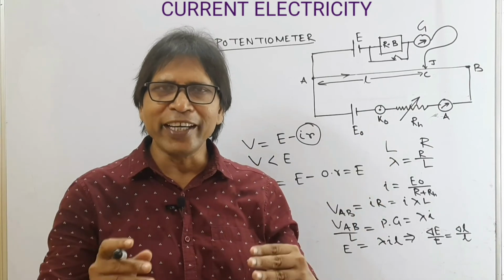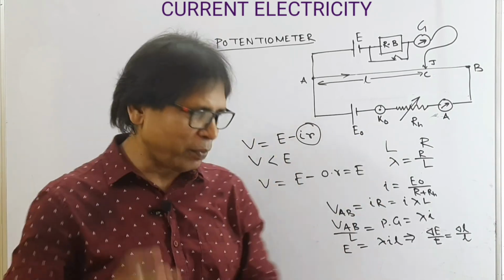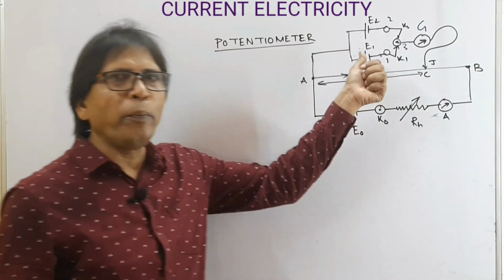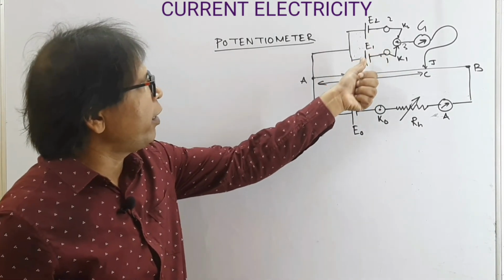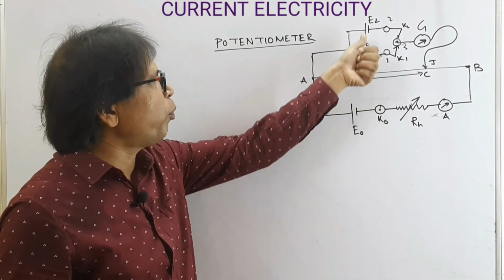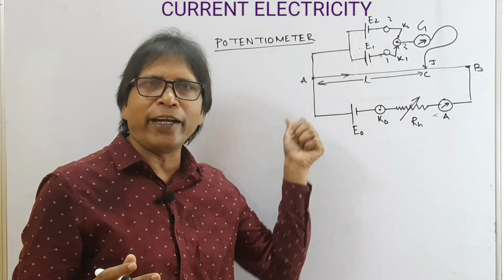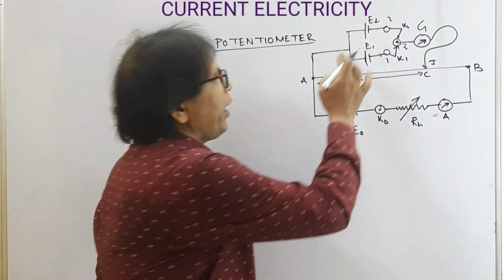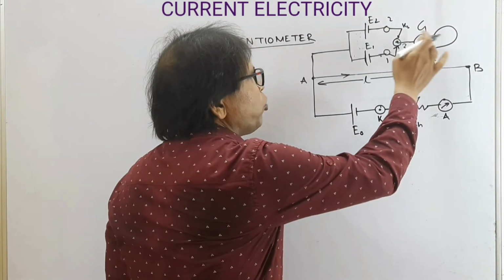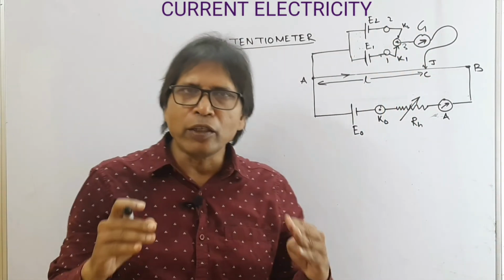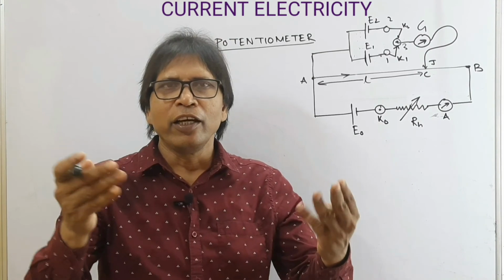Okay. Now next, comparison of EMF. To compare the EMFs of cells, the positive terminals of the two cells are connected to the point A and the negative terminals are connected to the galvanometer through the three-way key.